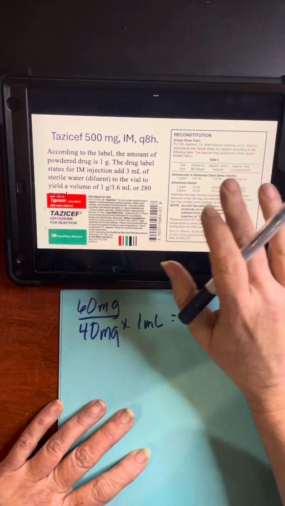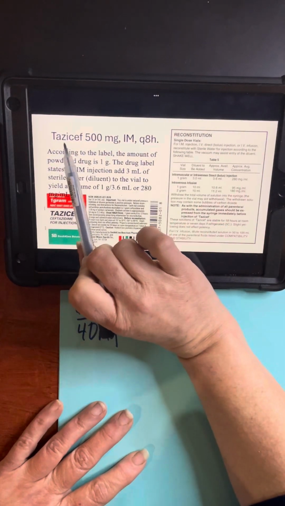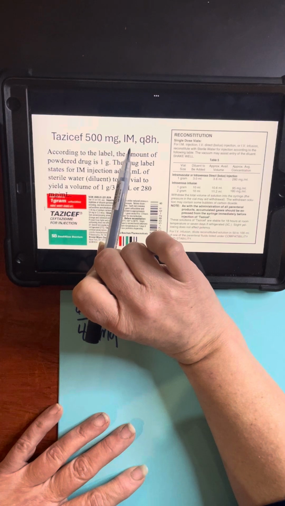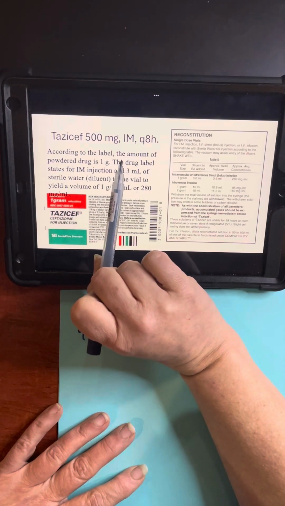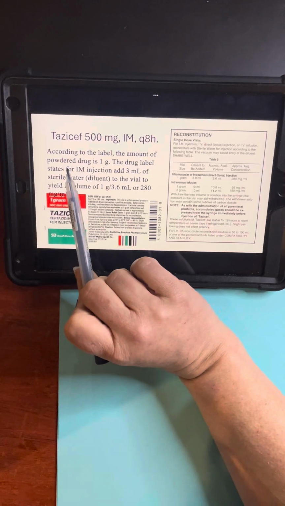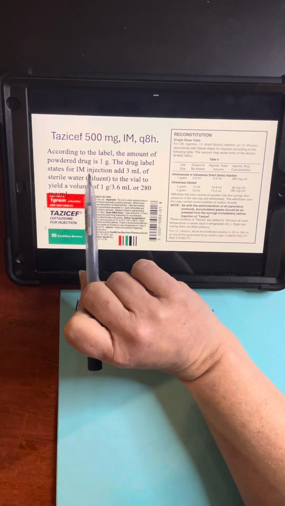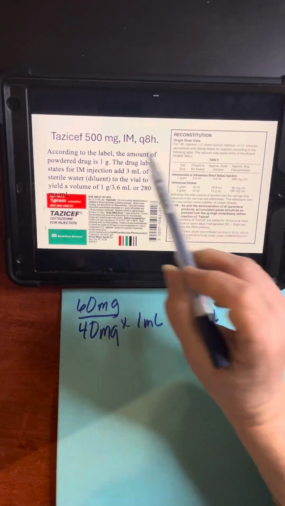Okay, I know it's a lot. Just hang on. This is the order: 500 milligrams. And this says, according to the label, the amount of powdered drug is 1 gram.